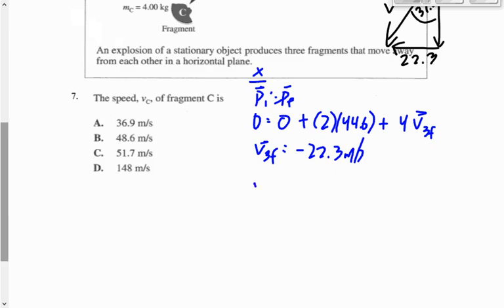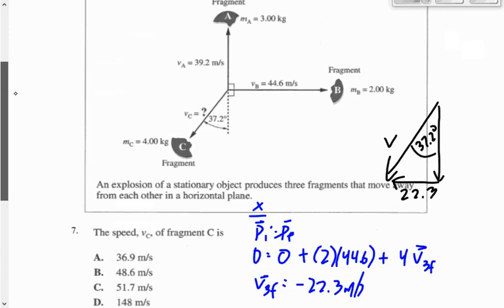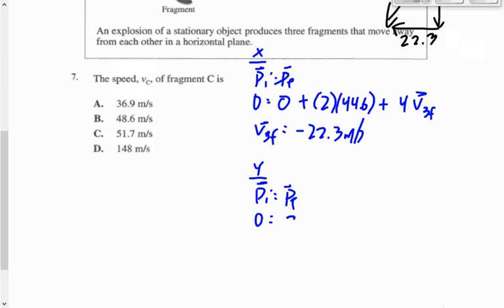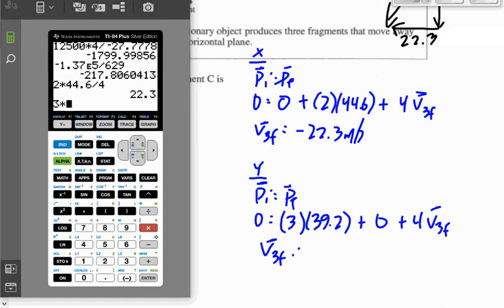Or you can do it the way that we usually end up doing it. Say the initial momentum is equal to 0 again. Equals m1, 3 times 39.2 plus 0, because the second object is on the x-axis, plus 4 times V3F. Divide that by 4, negative 29.4.